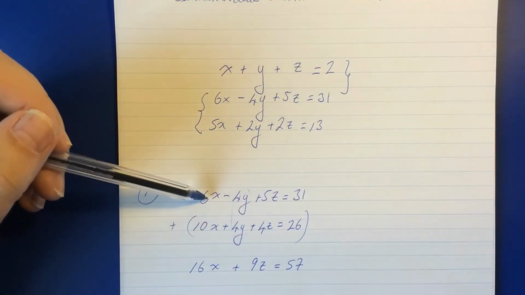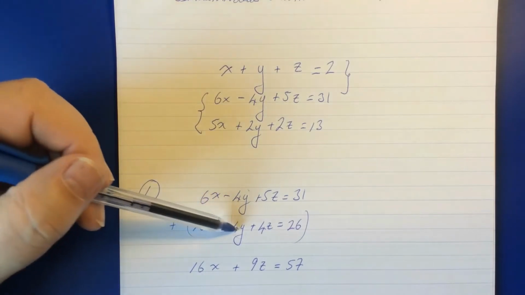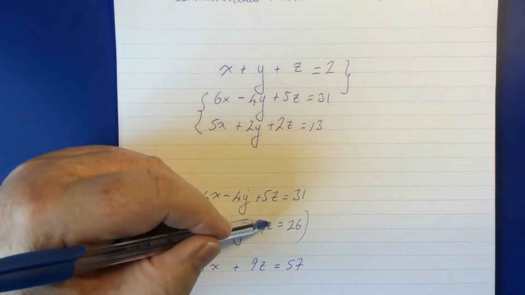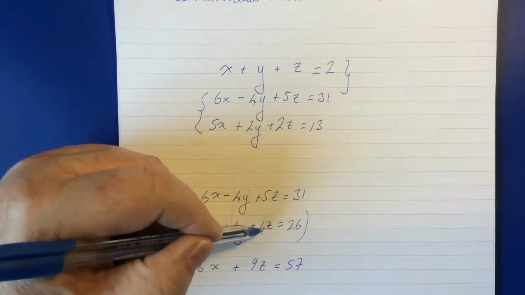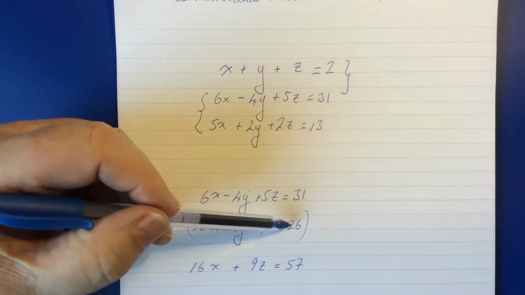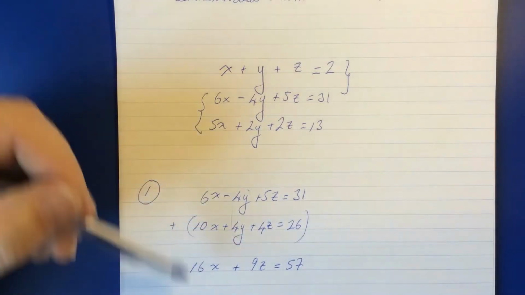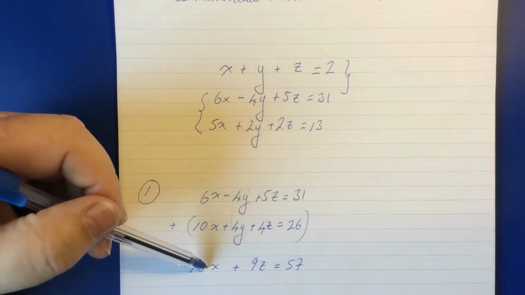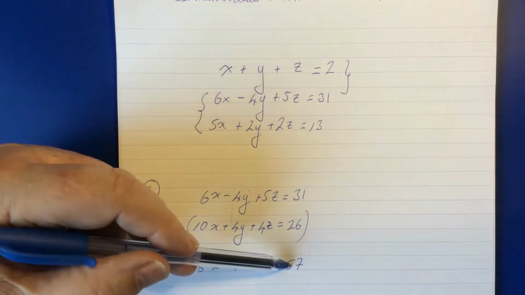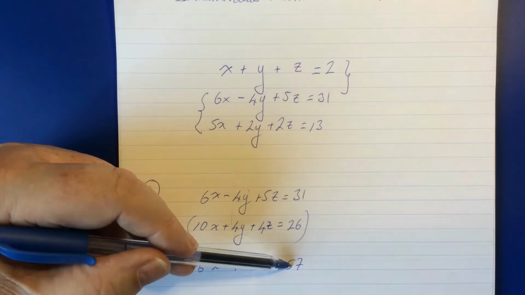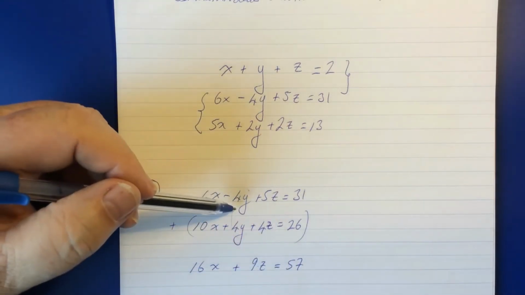And so this becomes 10x plus 4y plus 4z, which is why I put a line through my z, so that doesn't look like a 2, equals 26. And when I add these, I get 16x plus 9z equals 57. The y's are gone.